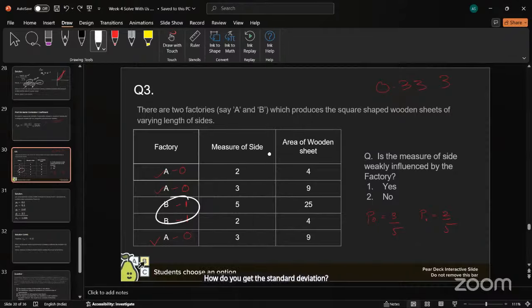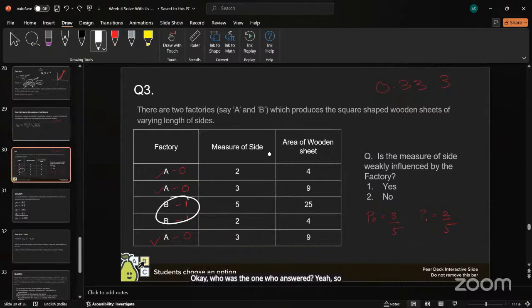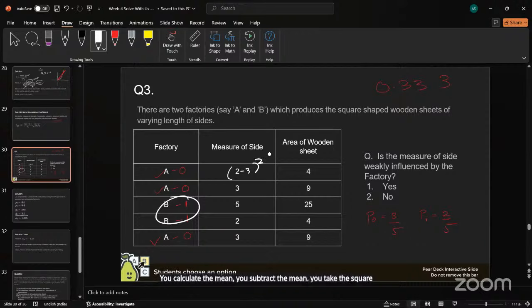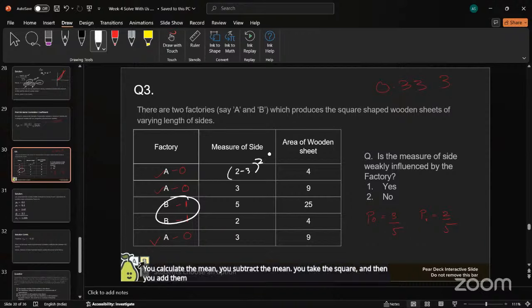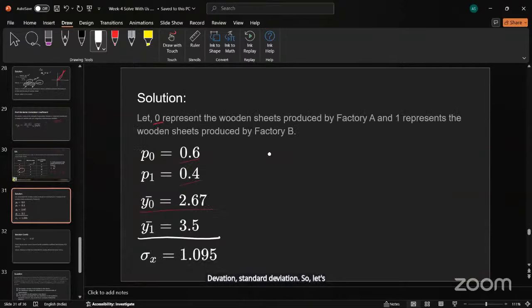You calculate the mean first for all the data, you subtract the mean, you take the square, then you add them up for all the numbers and divide by n. What is the standard deviation? That is 1.095.